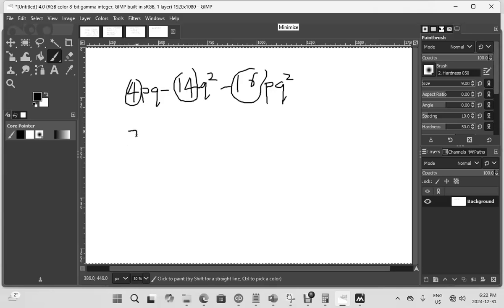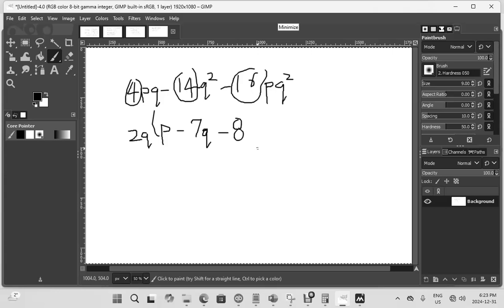So let's say 2, and in terms of variables, you have q as a common variable over here, so 2q goes into 4pq, minus 7. This will be q squared, so q, minus, this is 16, so 2 goes into 16 8 times.